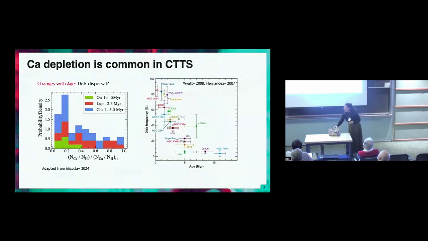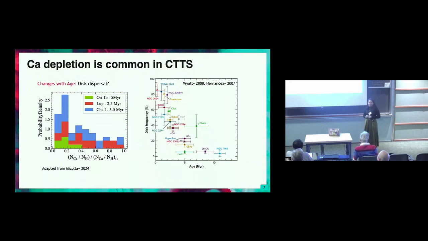So we applied this magnetospheric accretion model to a sample of 70 stars from the Chameleon, Lupus, and Orion 1b regions. And that allowed us to study a range of ages that is consistent with the critical decrease of the disk frequency, so the age for this dispersal. The first thing that I want to highlight is that calcium depletion is very common.